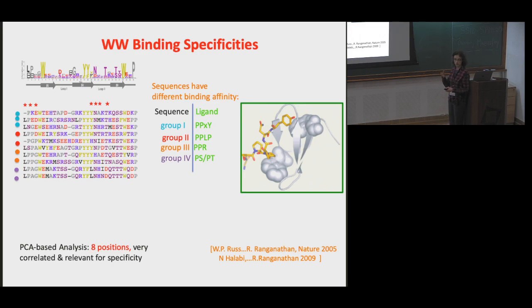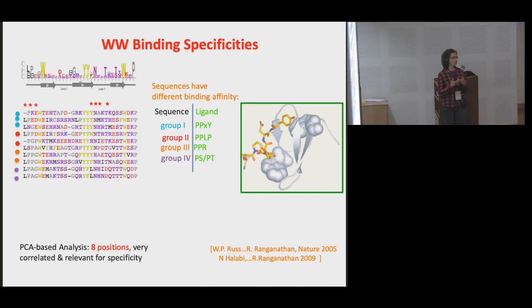So principal component analysis, and a version much more introduced by the group of Ranganathan, Stein, Leibler, which is called the sector analysis, identify that there are like 8 positions here and here which are very important in these modes. So they can, in some sense, isolate this group of amino acids which are important for the binding specificity.